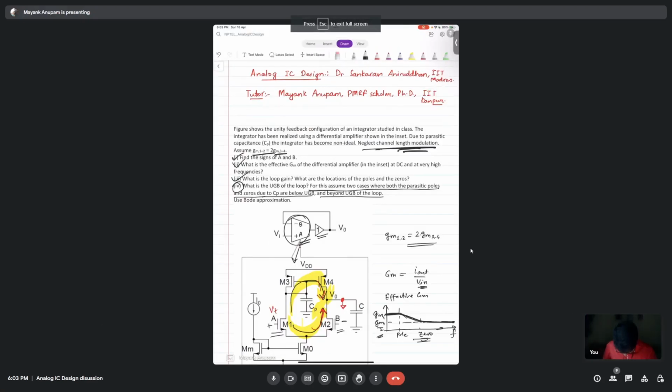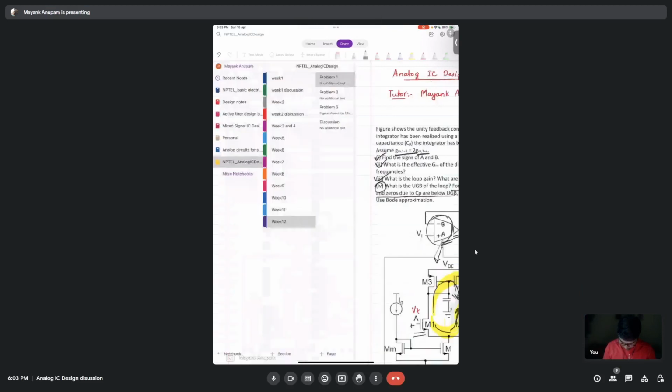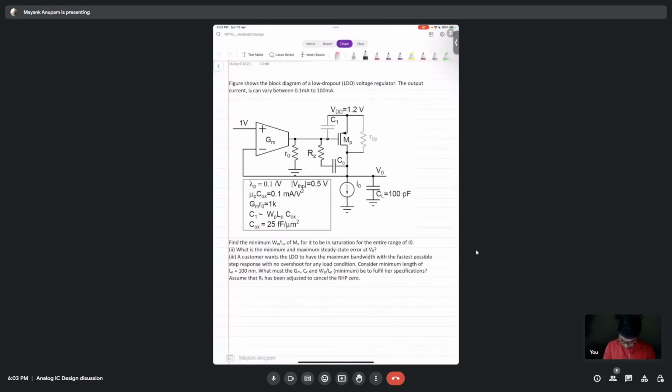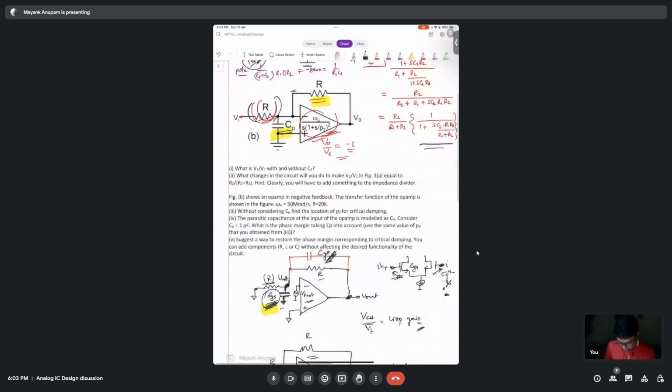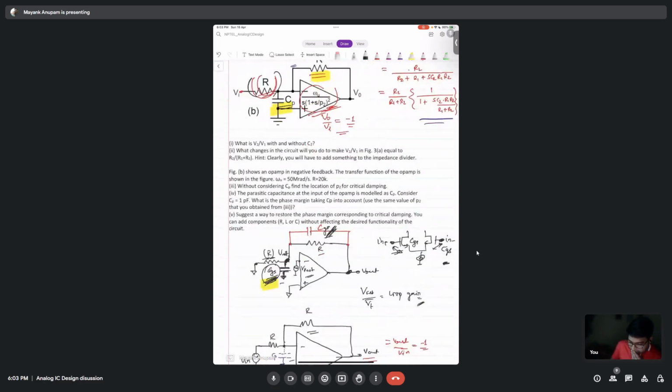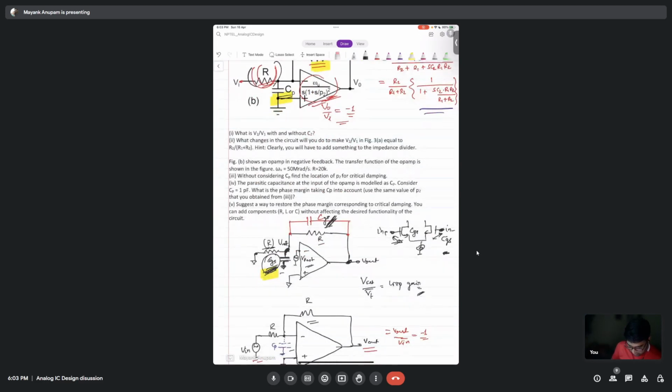Okay, so the last question. In this question, the CGS you are talking about, can I include the capacitance of CGD in this CGS? I mean, by the Miller effect.